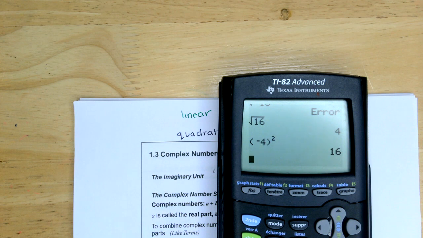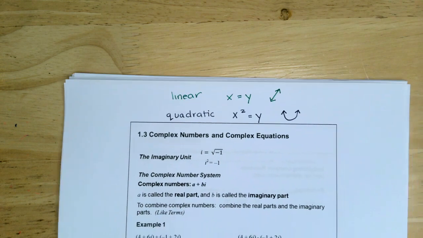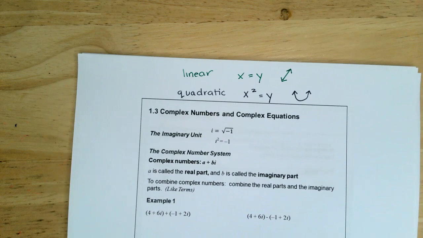To solve this problem, we use an imaginary unit. The imaginary unit is called i. It is kind of like when you have a problem and you don't know the number that you're looking for, so you put in a letter in algebra, right? You put in x.